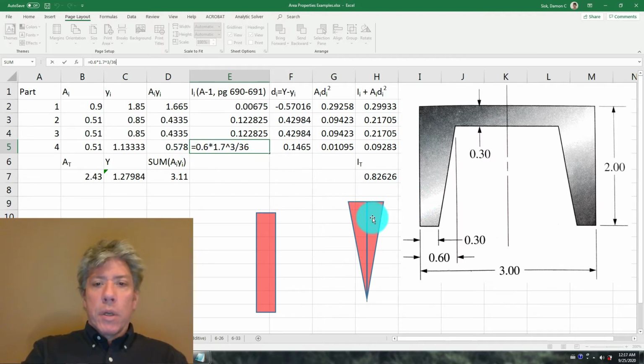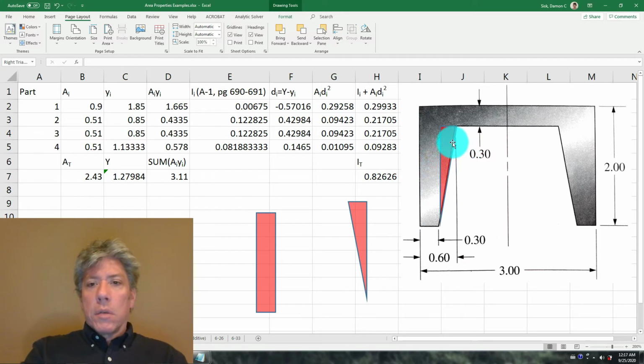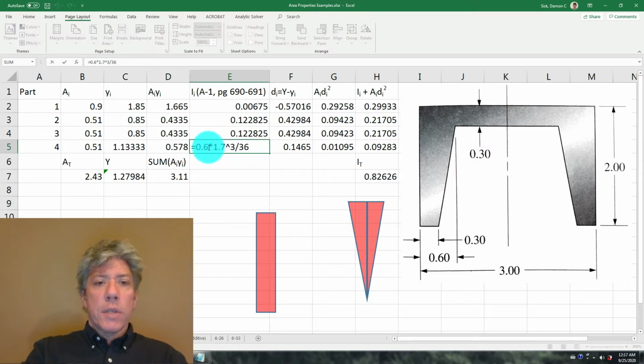The base of this portion of the triangle is 0.3. It's the same over there. So the overall combined triangle is 0.6 inches at its base. There's the 0.6 inches that represents the base dimension of this triangle. There's the height, 1.7, and it's cubed. Okay, and then divided by 36.